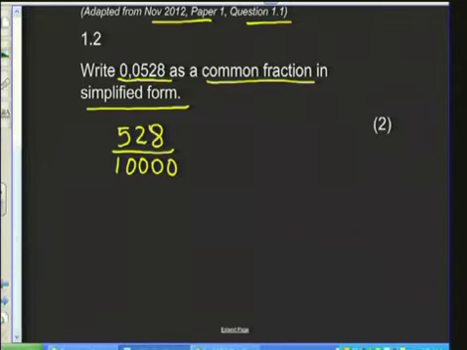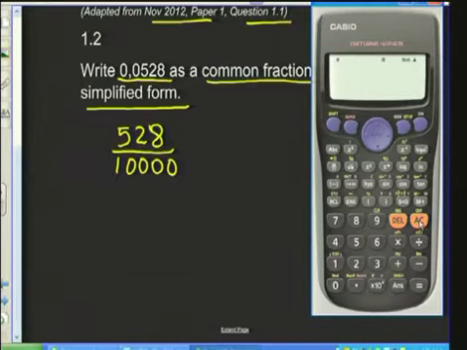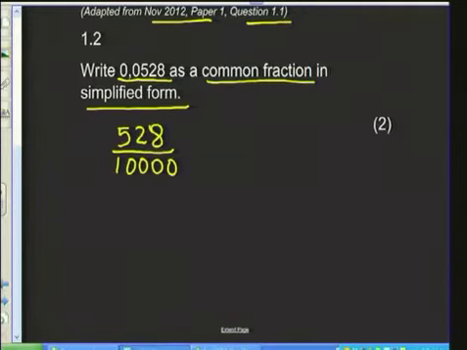But guys, if you don't remember this, you've got a calculator, and if we type in 0,0528, check that you're typing in the correct numbers, press equals, it will give you the fraction in the simplified form. So it's 33 over 625. Now let's write that in.